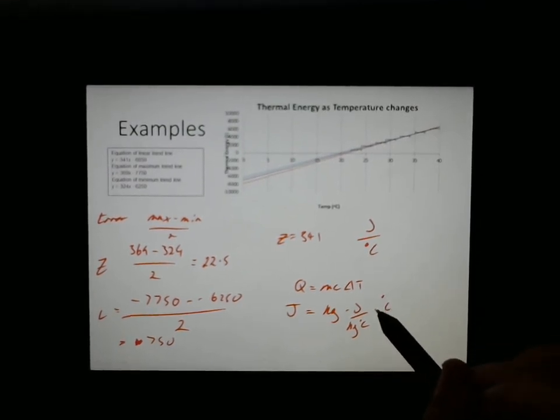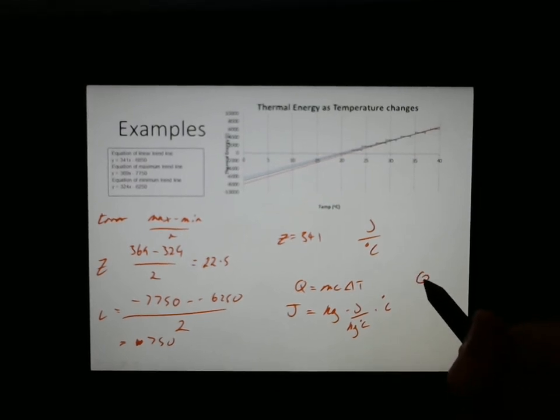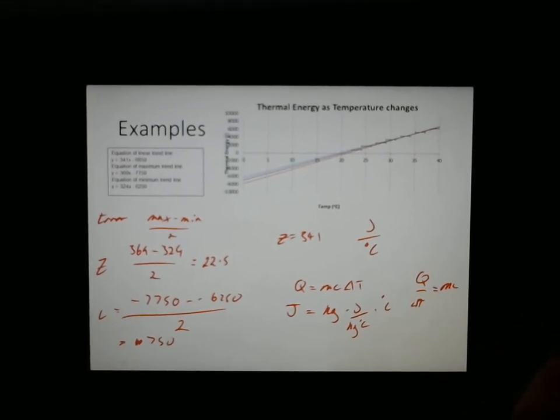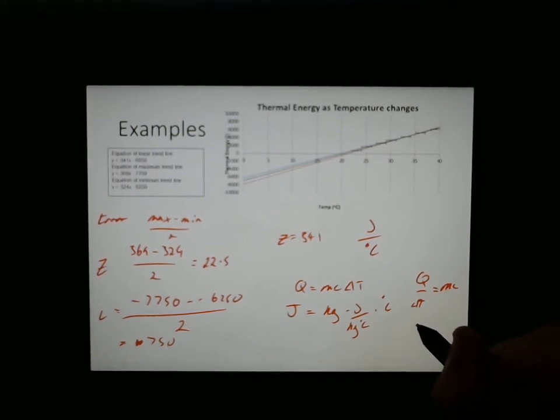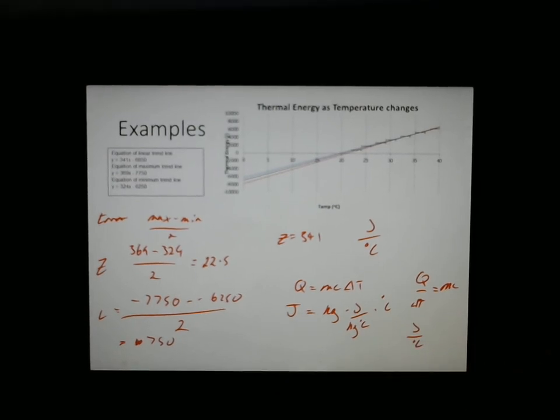And if I divide this delta T to the other side, if I do Q over delta T equals MC, well, now I have my gradient of Q over delta T is my joules per degree Celsius equals the mass times the specific heat capacity.